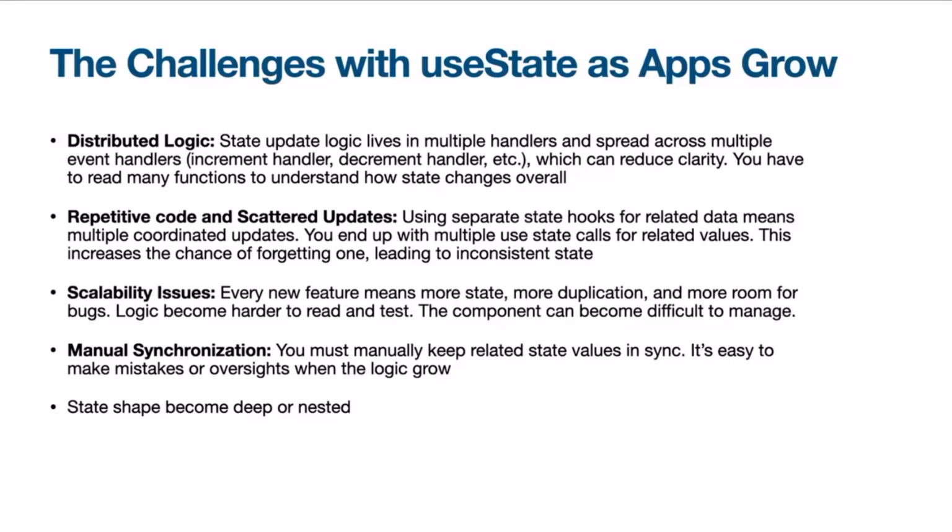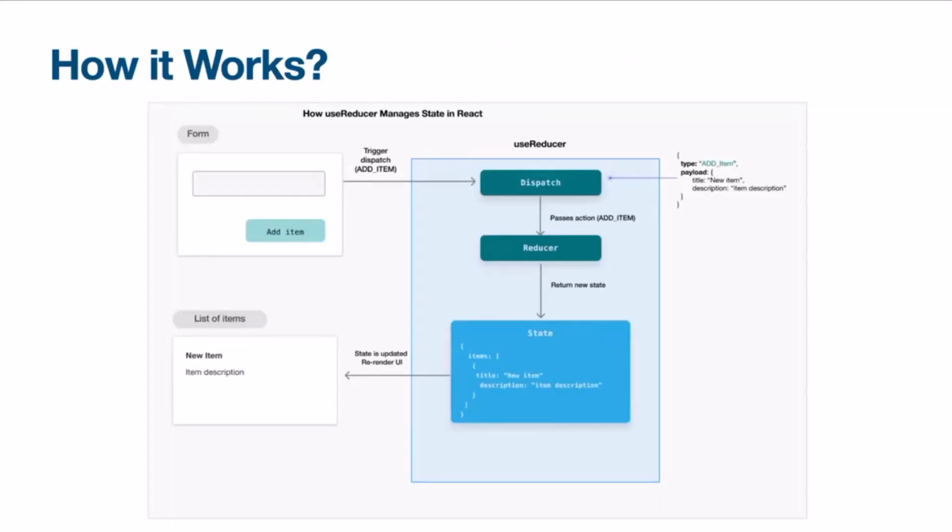So I will go to the next slide. This slide explains how useReducer works. Let's take, for example, a form. When I click on add item, the dispatch function will be triggered. This trigger will also pass the action, as you see on the right side, add an item, and we pass the current state.